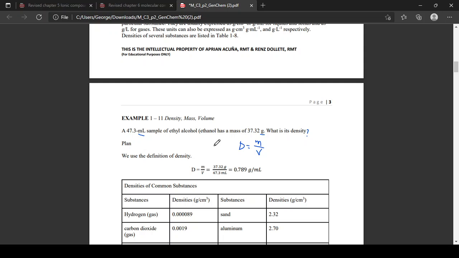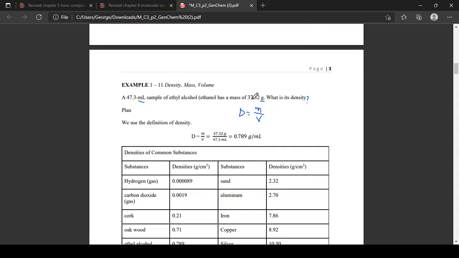So, we use the definition of density. Density, again, is equal to mass over volume. So your mass, kids, is 37.32 grams over our volume, which is 47.3 mL.